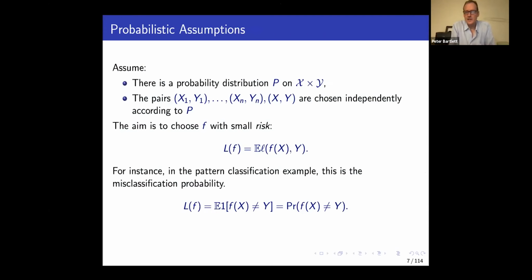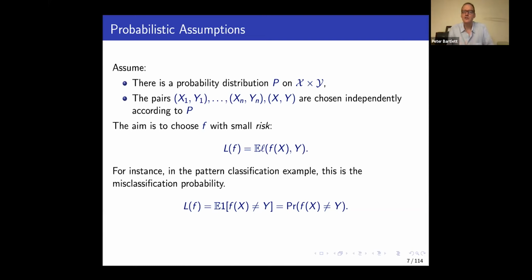The key assumption we're going to make here is that we set things up in a probabilistic setting. So there's some probability distribution P on this product space X times Y. And we see training data X1, Y1 through Xn, Yn. I'm using capital letters to denote random variables. And there's another XY pair.